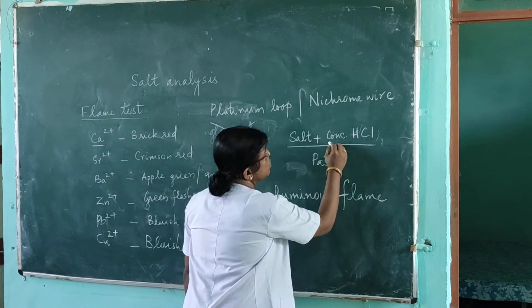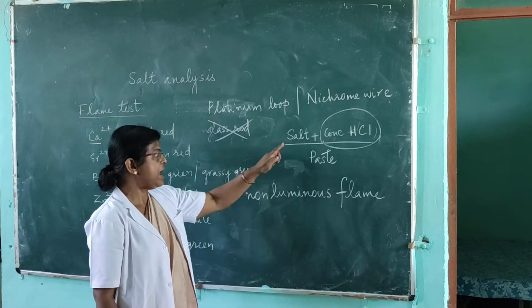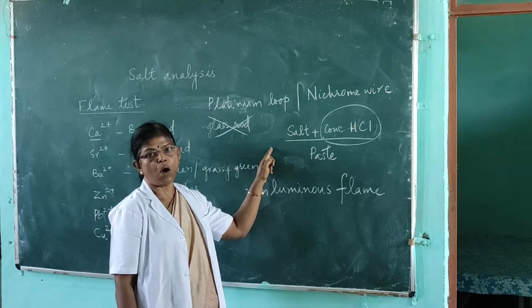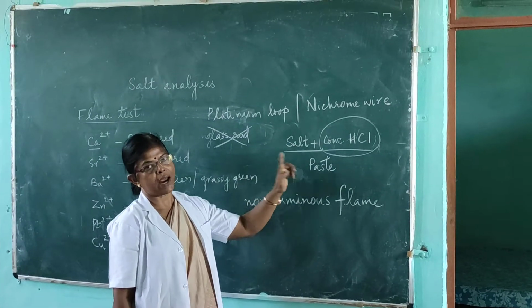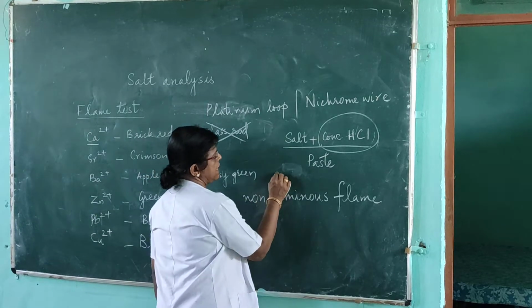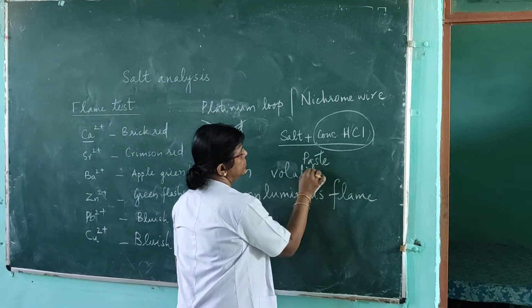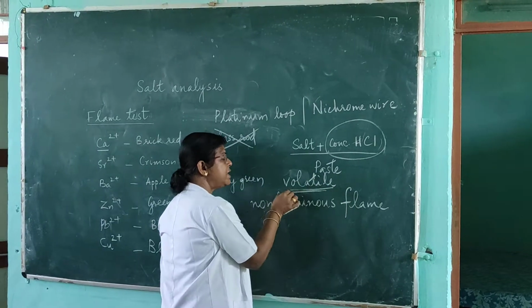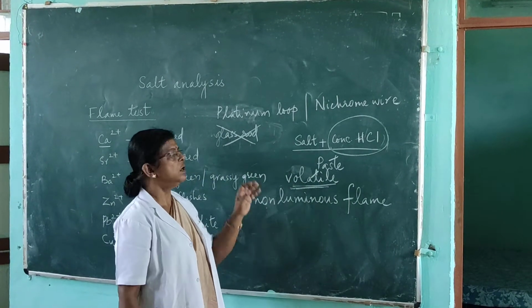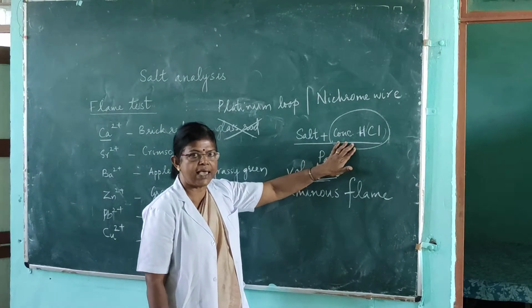Why are we using concentrated HCl? We have to change the salt to the chloride form, because chlorides are more volatile. So you are converting any salt to the chloride form by treating with concentrated HCl.